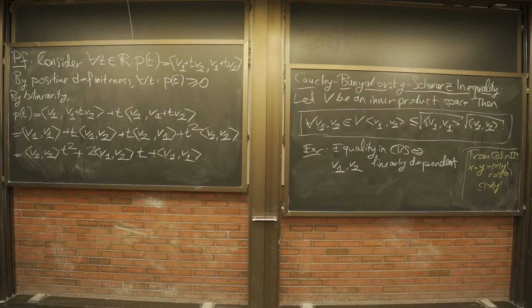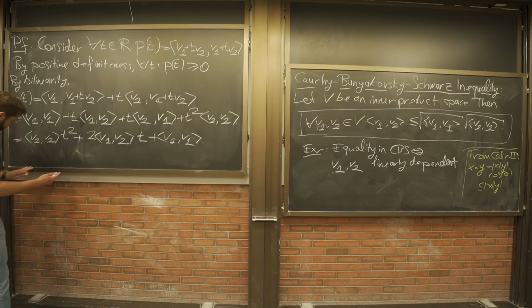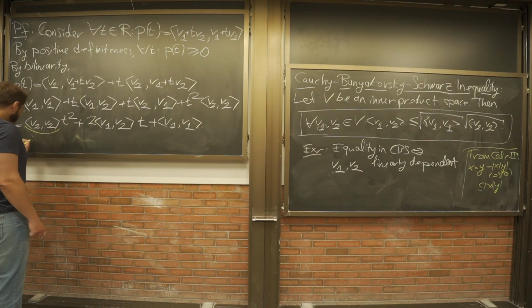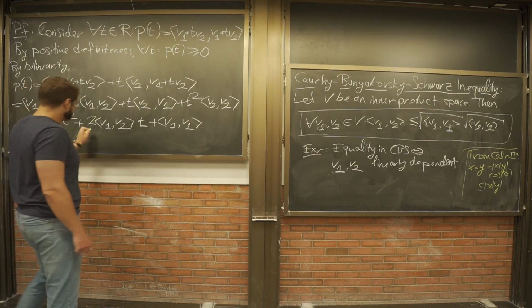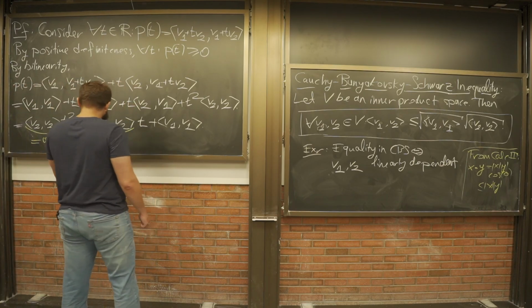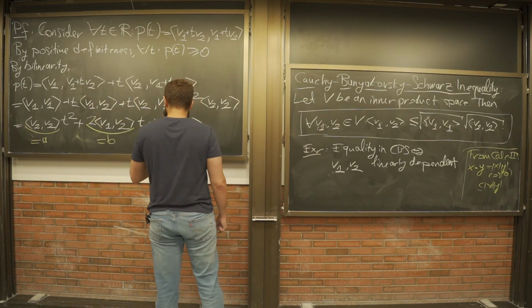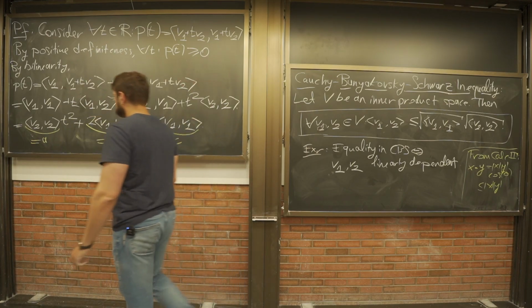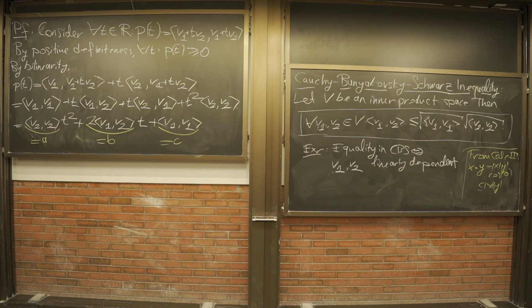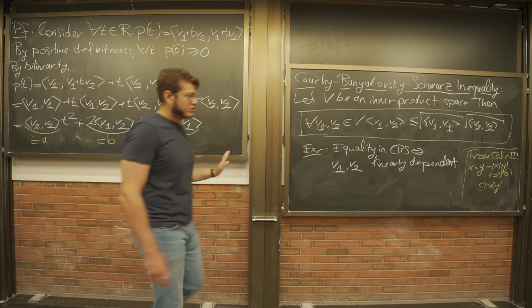Okay. So let's call this number A. This number, let's call it B. This number, let's call it C. So I stored these complicated expressions into A, B, C. These are 3 numbers now.